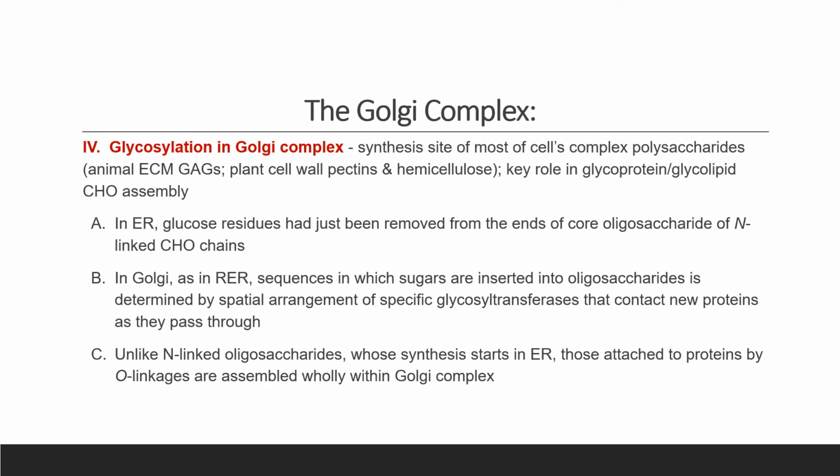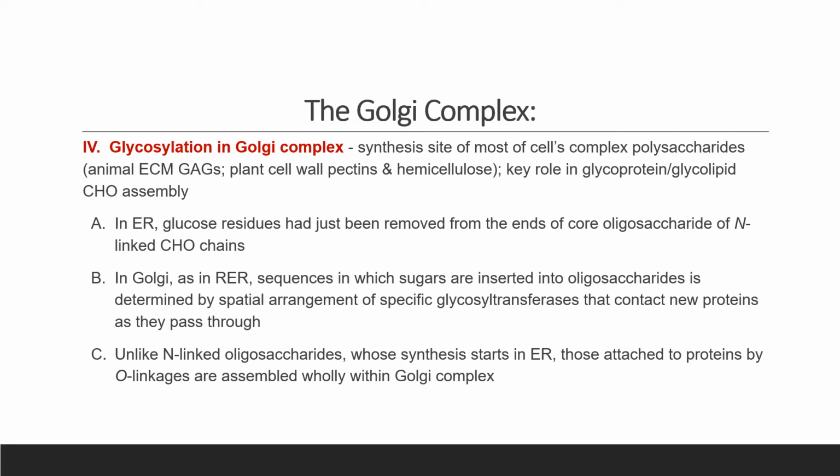Now, glycosylation in the Golgi complex. This is the synthesis site of most cells' complex polysaccharides, including animal ECMs, GAGs, plant cell wall pectins, and hemicelluloses. This is also where the key role in glycoprotein and glycolipid assembly happens.